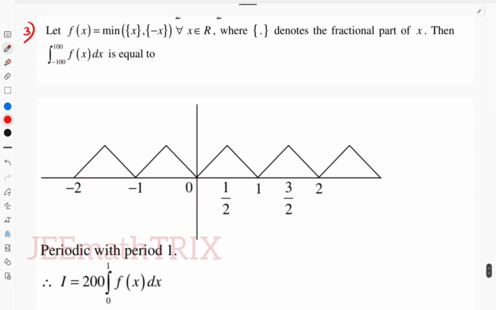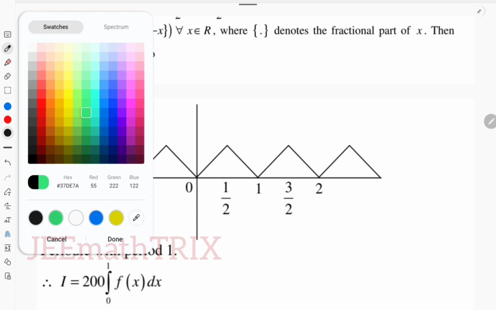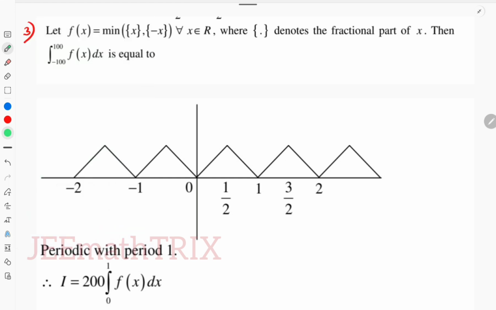It is given that f of x equals the minimum of the fractional part of x comma the fractional part of minus x. So two functions they have given. One is the fractional part of x and the other one is the fractional part of minus x.